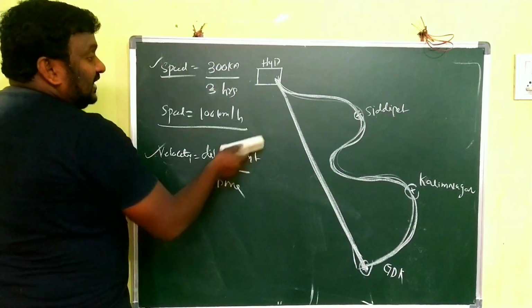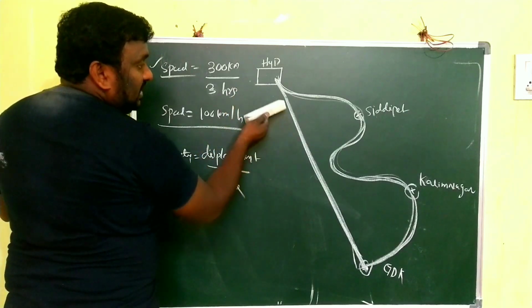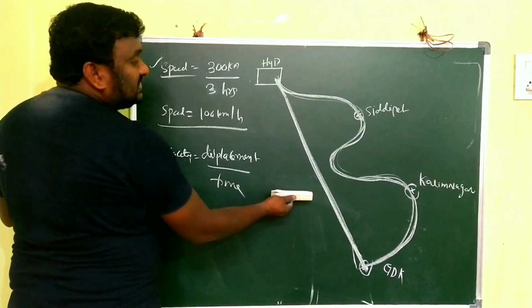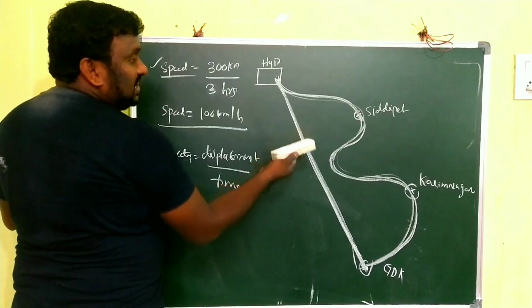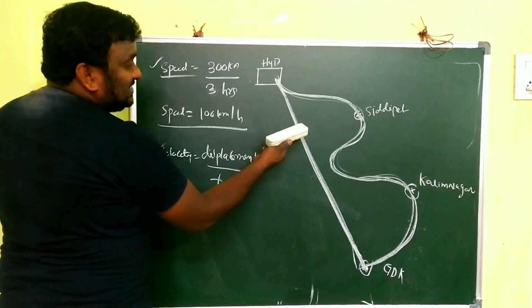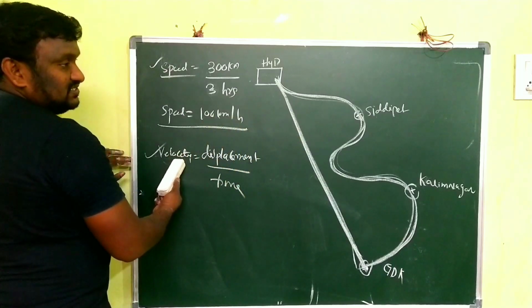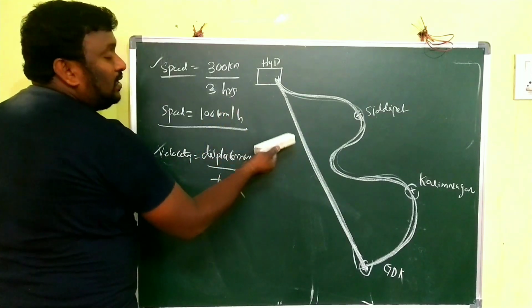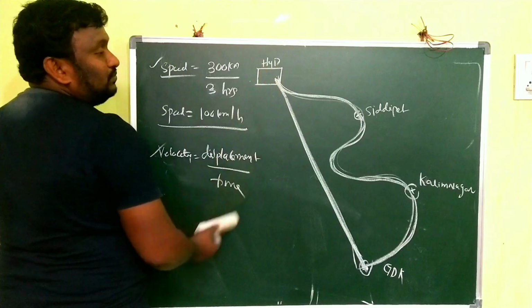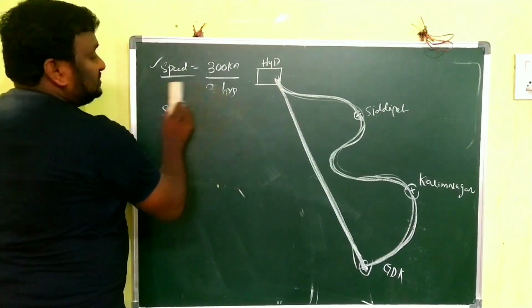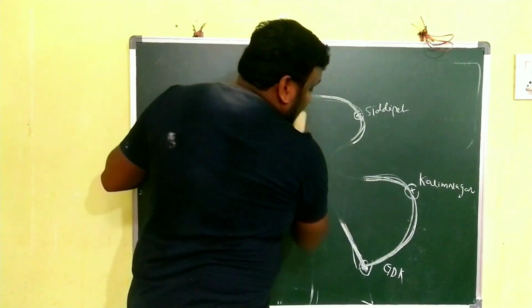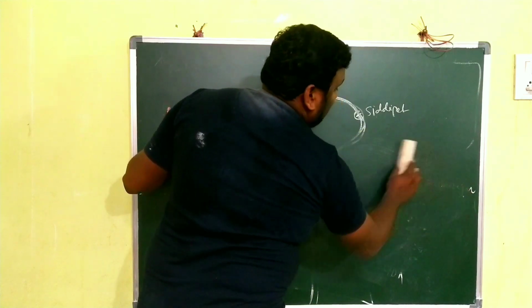So in this way, according to the path, we have to decide whether it is distance or displacement. If we take distance, that is speed. If we take displacement, that is velocity. So that should depend upon the path followed by the body or bus. Children, clear? And children, here I will give one more example.